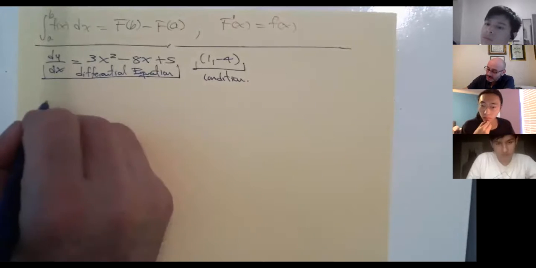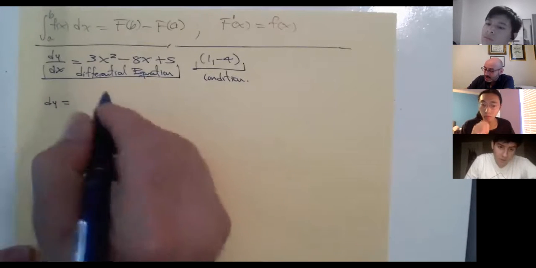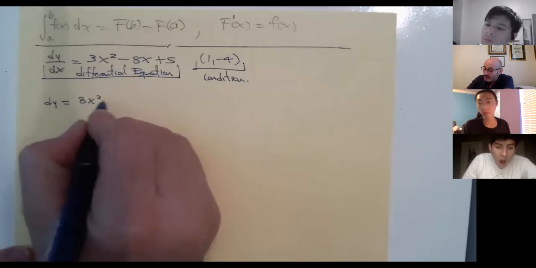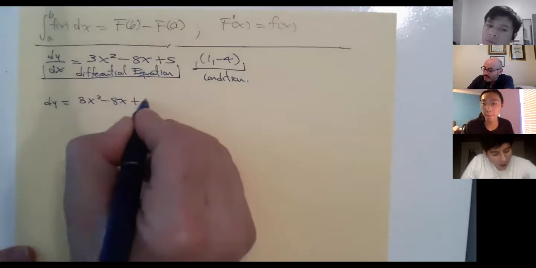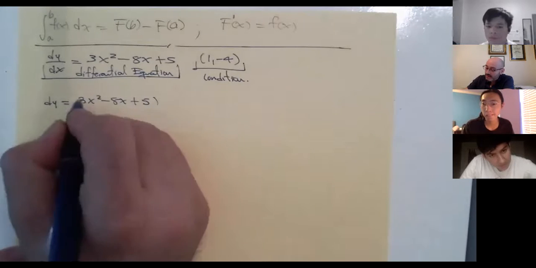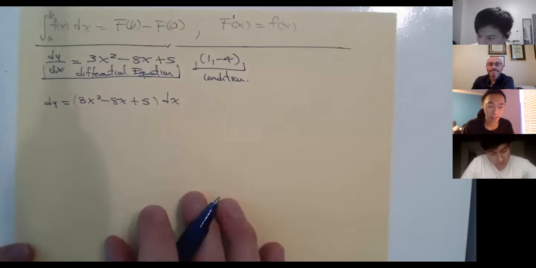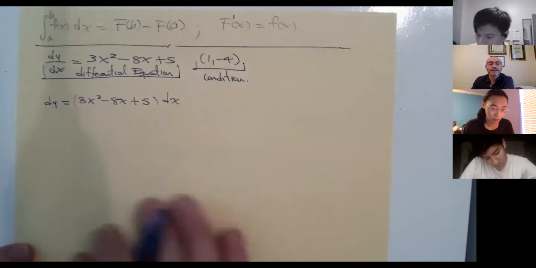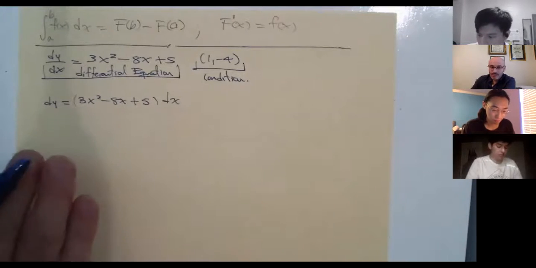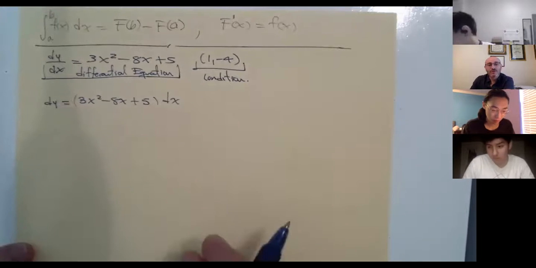So to solve this, you write dy is equal to 3x squared minus 8x plus 5, all that times dx. Basically we're separating the variables: y on one side of the equal sign, x on the other one.